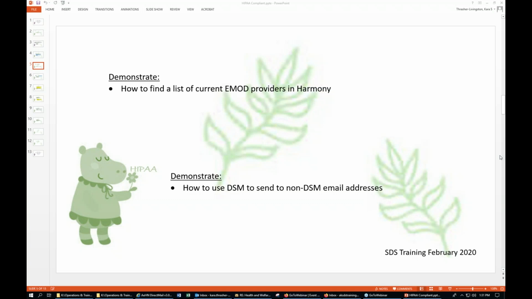So what we're getting at is to equip you with information resources so that you can do that and make sure that you're not sending to non-secured addresses from a non-secured address, and to explain the process, so that there are a few things you can leave out and a few things you do differently, to comprise the entire EMOD process.